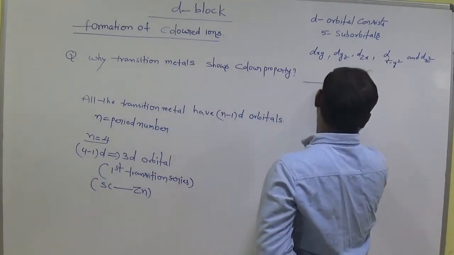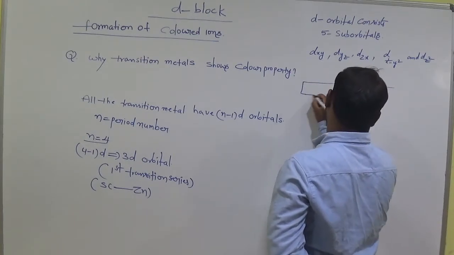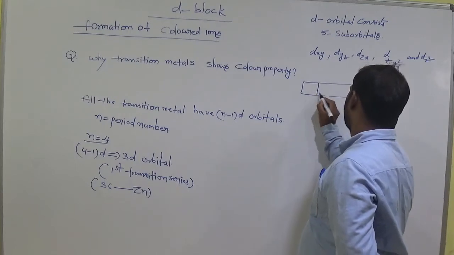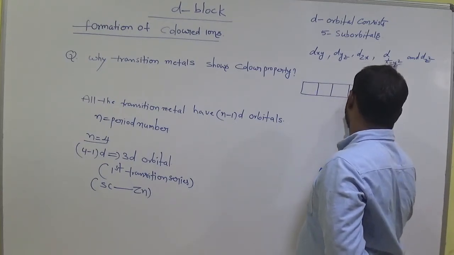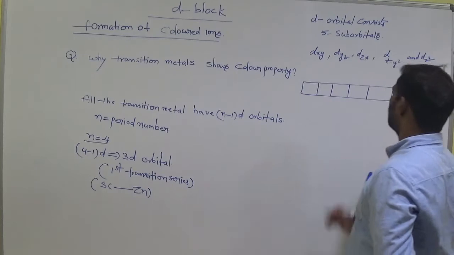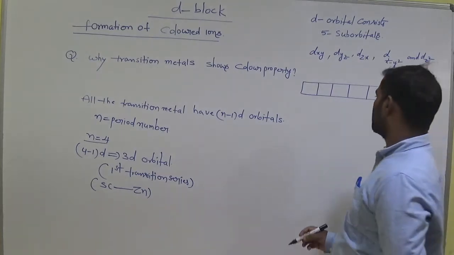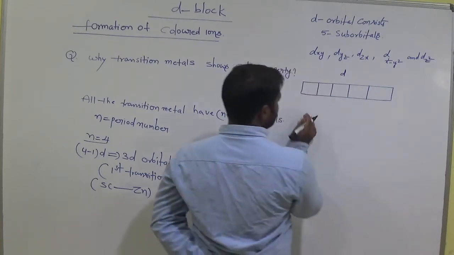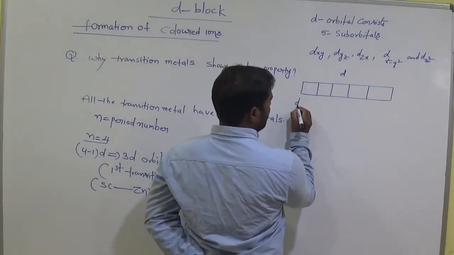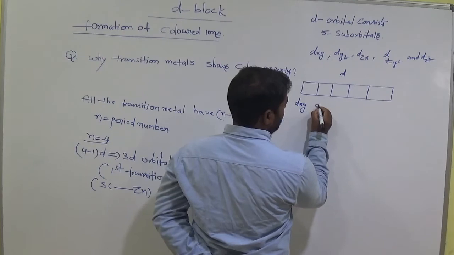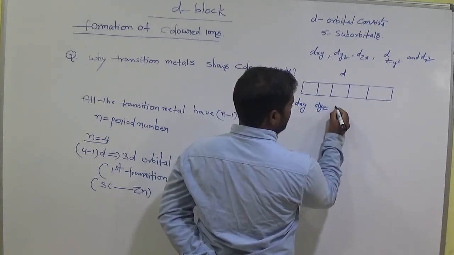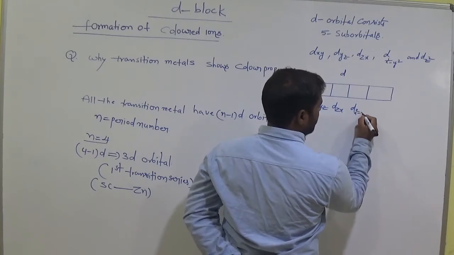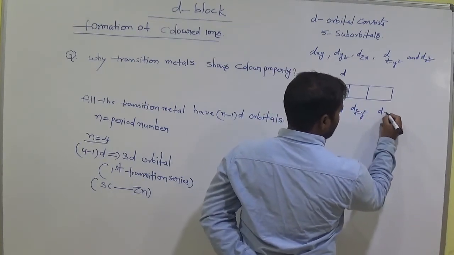So the representation is one, two, three, four, five. These are the 5 suborbitals of the d orbital. The first one is dxy, dyz, dzx, dx square minus y square, dz square.